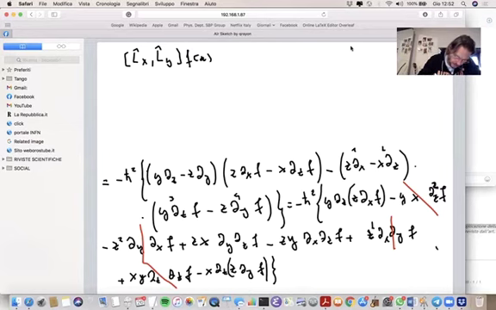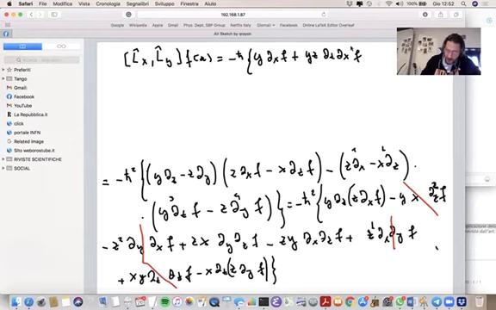Here, I will get negative h bar y dx f plus yz dz dx f, I'm spreading out this term here, expanding this, plus xz dy dz of f, and negative yz dx dz of f, and I already see another cancellation.